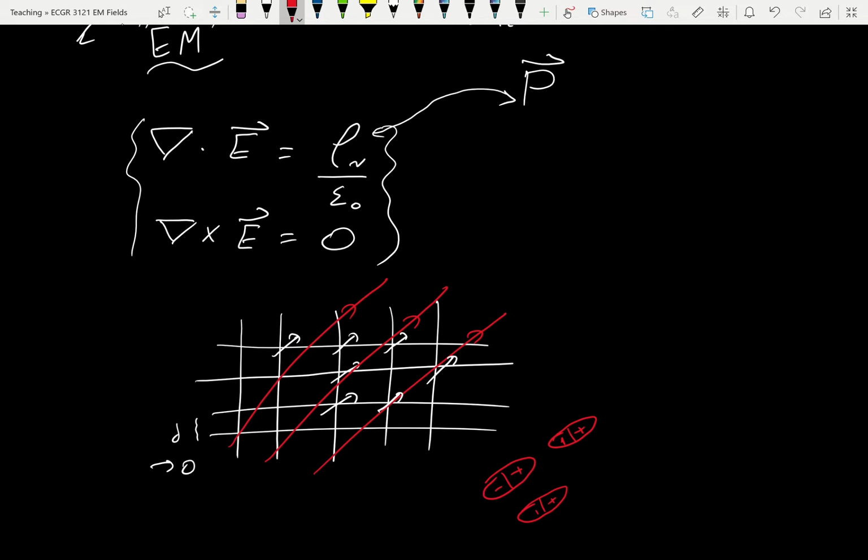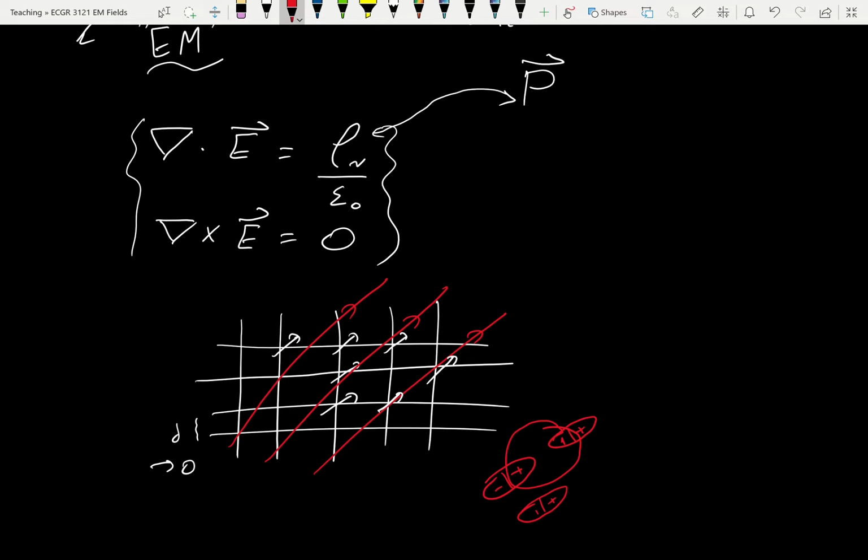What will happen is that in a small region of space, I'll have more positive charge, but I'll also have more negative charge. So the stretching of the positive charge will cancel the stretching of the negative charge. And generally, if the stretching and compression is uniform, I won't see any charges as evidence of this polarization.